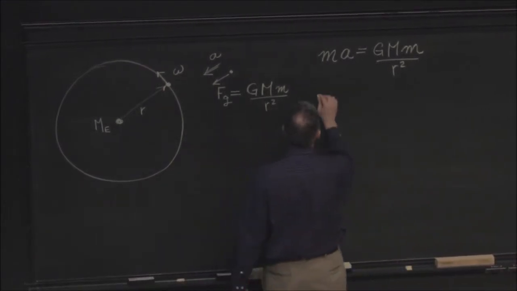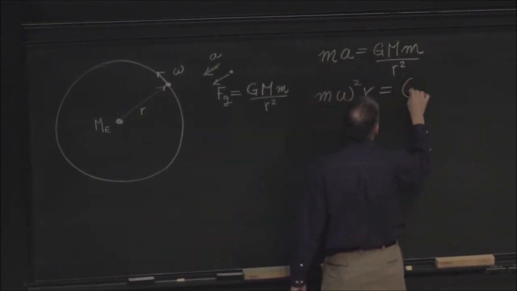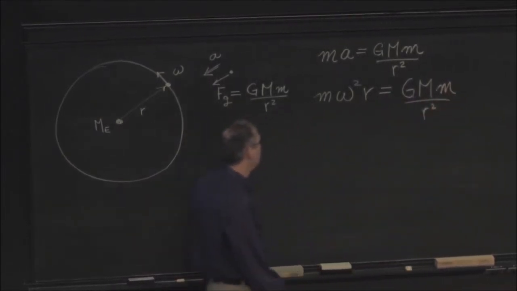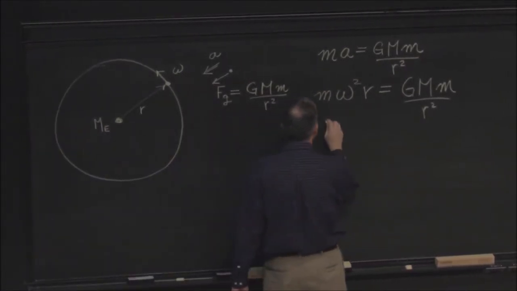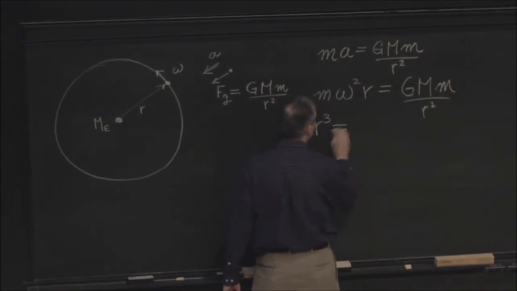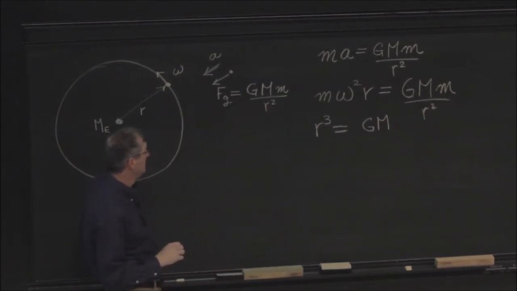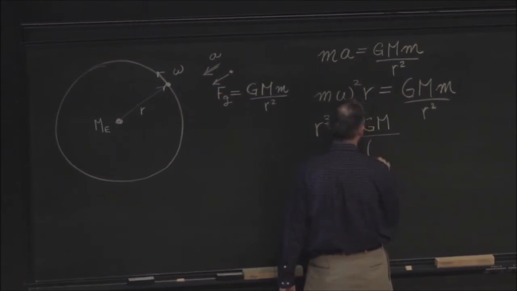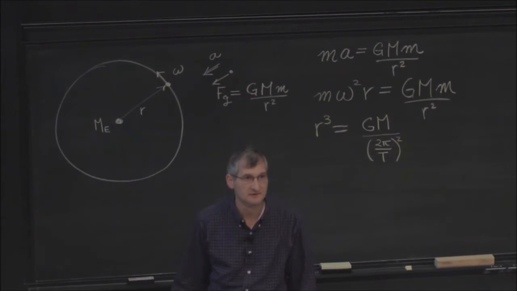Okay, so let's see. m omega squared r is equal to G m over r squared. I'm trying to solve for r, so I'd like to throw the other stuff to the other side. So I'm going to get r cubed is equal to G M. The little mass goes out. And omega is 2 pi over the period, that I have to put at the bottom and square.